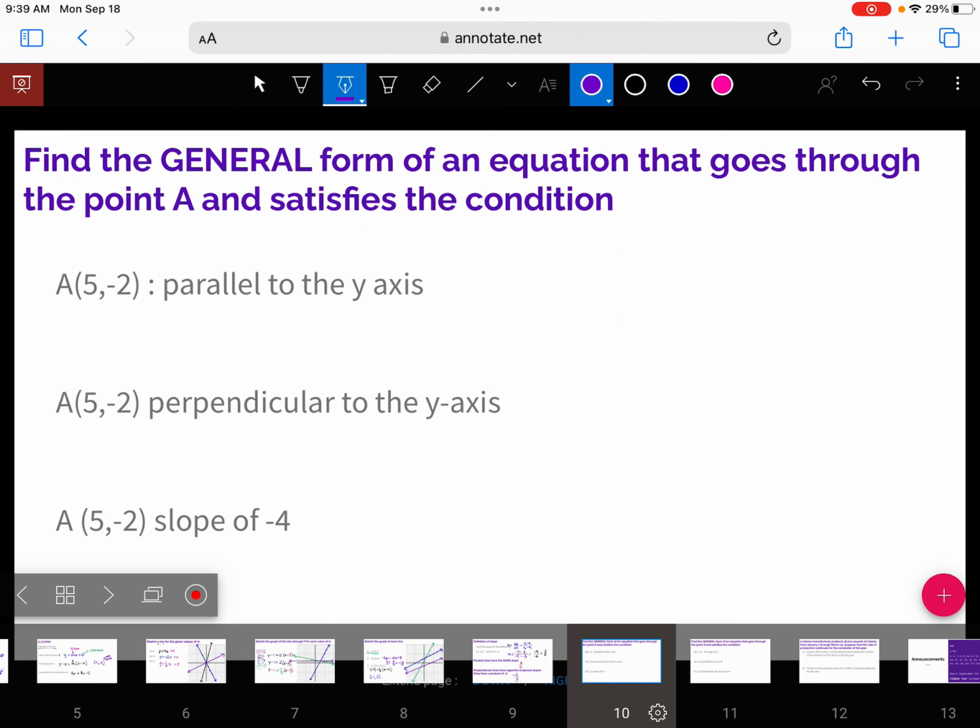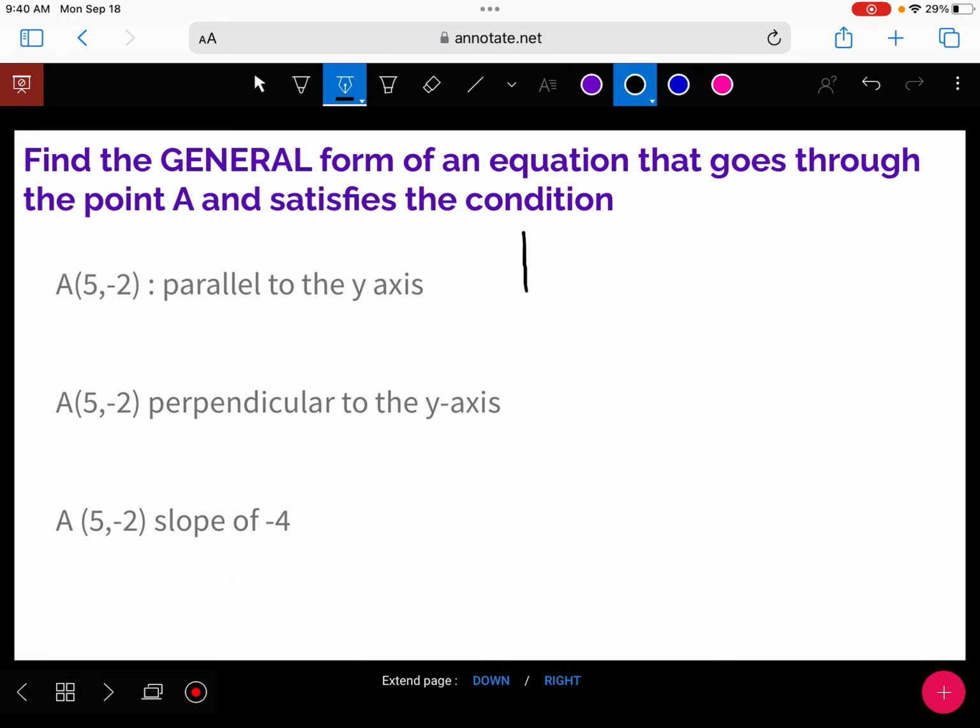Okay. So we're going to write a general form equation that goes through point A and satisfies the condition. If it is parallel to the y-axis and goes through the point 5, -2, which is here-ish, what's that line going to look like? Vertical.